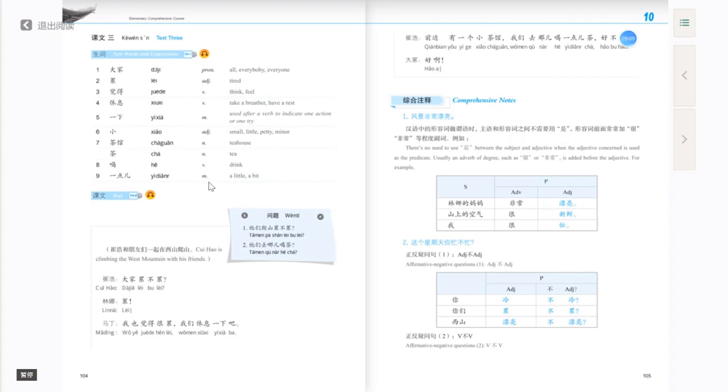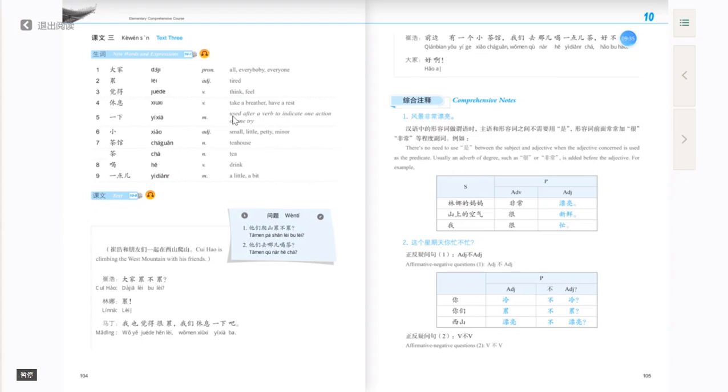This is similar to 一下, but 一点儿 is basically used to modify a noun. Like to drink a little tea, we can say 喝一点儿茶, to drink a little tea, right?